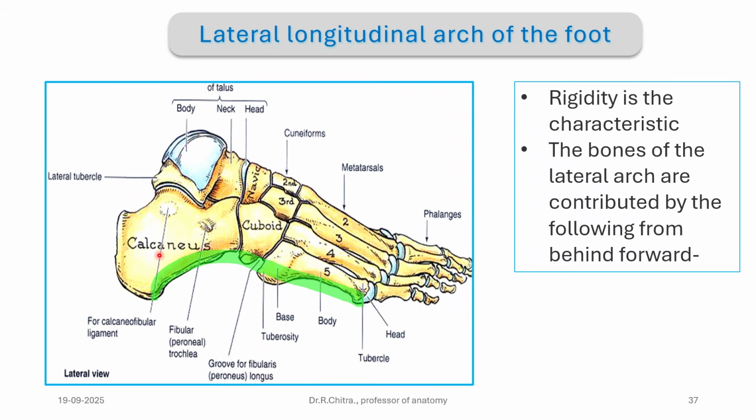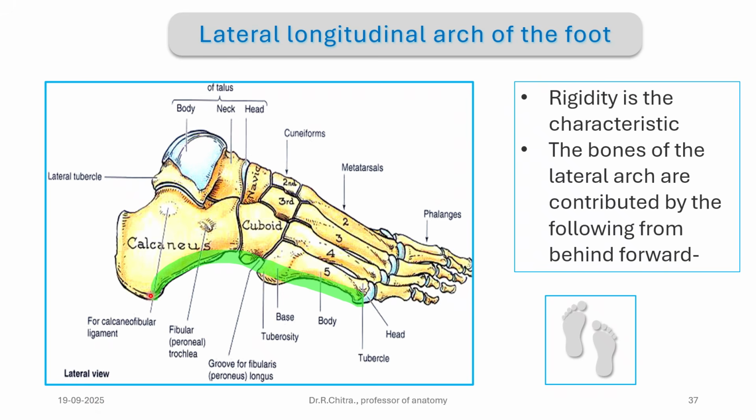Rigidity is the characteristic because it is formed of fewer bones and fewer joints. When we keep our feet on the ground, the lateral arch comes in first for weight bearing than the medial arch, which can be appreciated by the footprint of normal individuals.